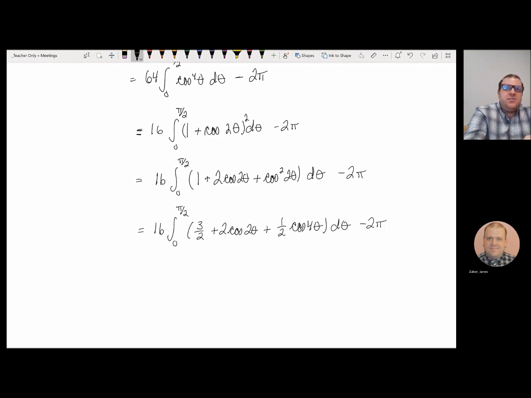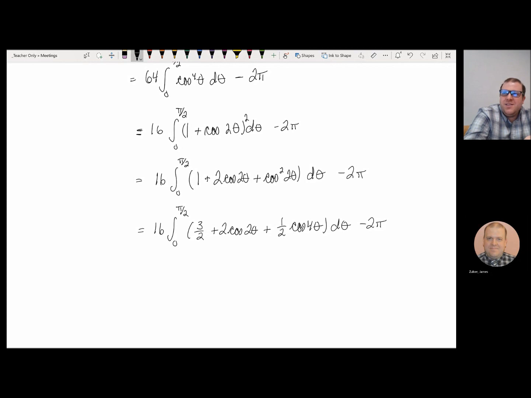What is the period of cosine of 4 theta? Well, you know cosine is 2 pi.